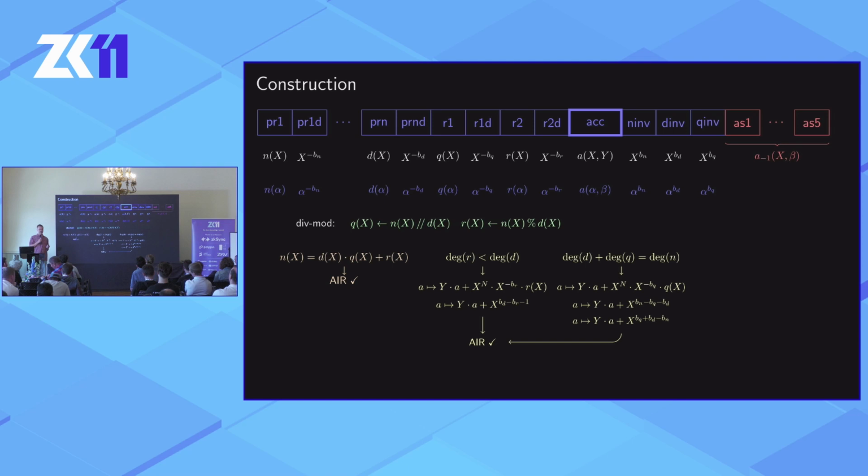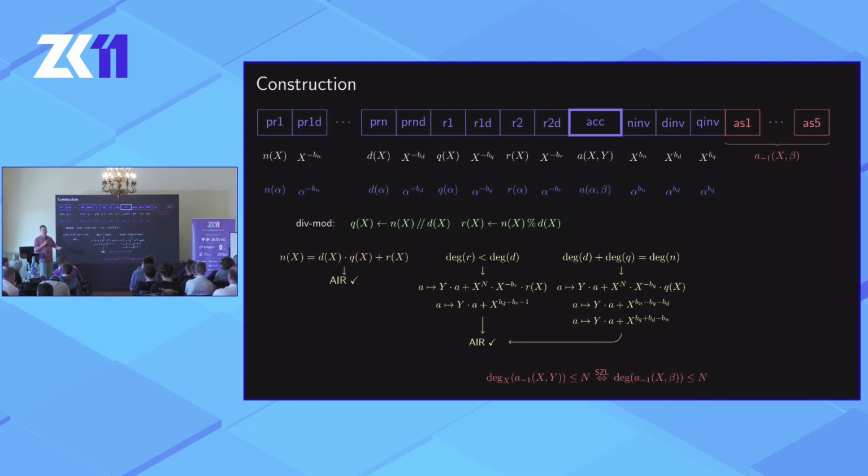These 5 updates to the accumulator polynomial can be authenticated through a rather complex error constraint, but this is not enough because we still need to establish somehow that after we evaluate A in beta, replacing Y by beta, its degree is low.